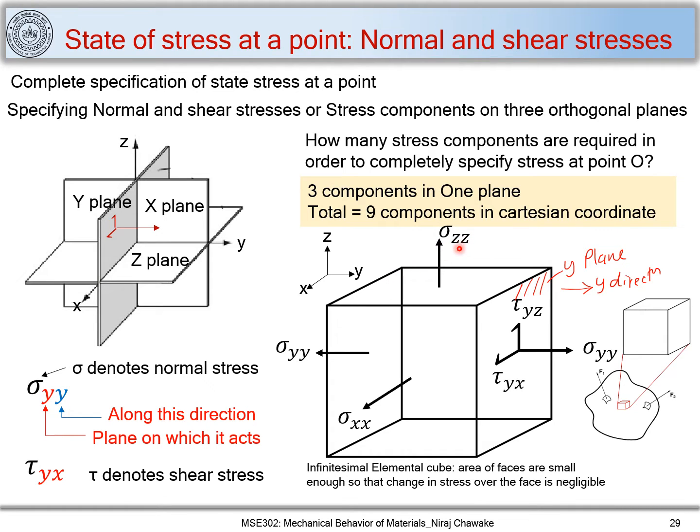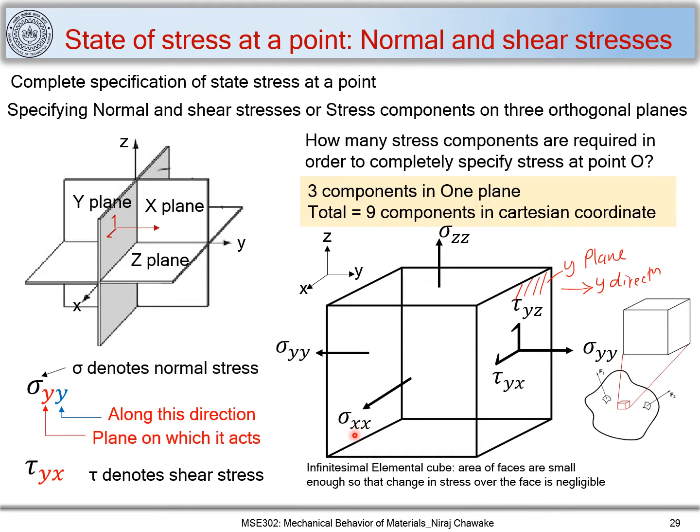In zz, the first alphabet represents the plane on which it is acting, so it is acting on the z plane. This is my z plane, and it is perpendicular to the z plane and along the z direction. The second alphabet represents the z direction, so it is pointing towards the positive z direction. Similarly, sigma xx: sigma represents normal stress.